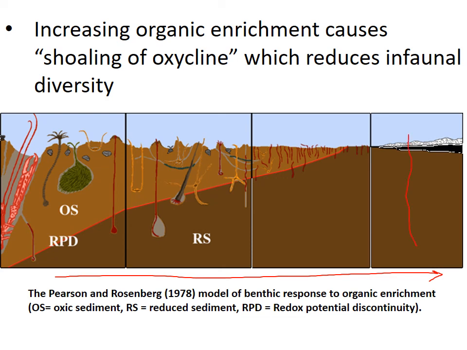So there's no oxygen, no O2 whatsoever in these sediments all the way to the surface, and there's probably not even any oxygen in the waters at the surface in this really excessively enriched area, where you see this mat of anaerobic bacteria on the surface of the sediment.